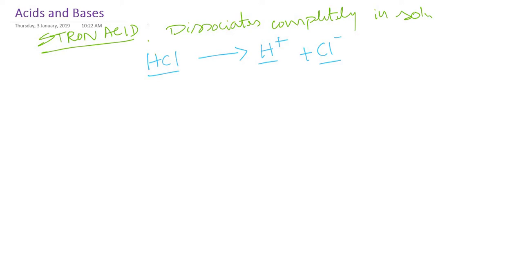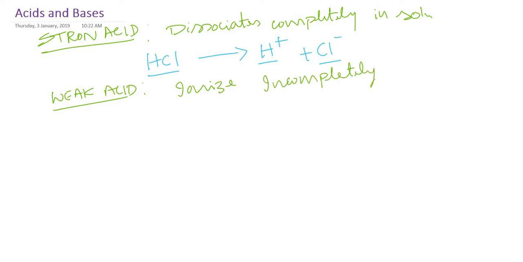There is another term called weak acids. Weak acids are such that their dissociation is incomplete. They ionize or dissociate partially. A very good example is carbonic acid, which is a weak acid.